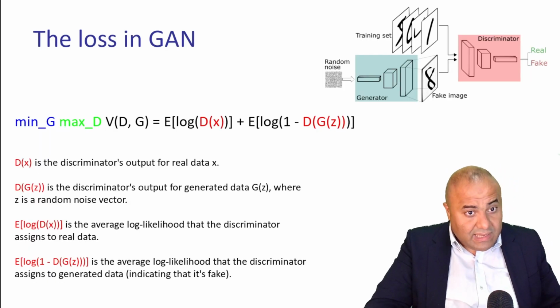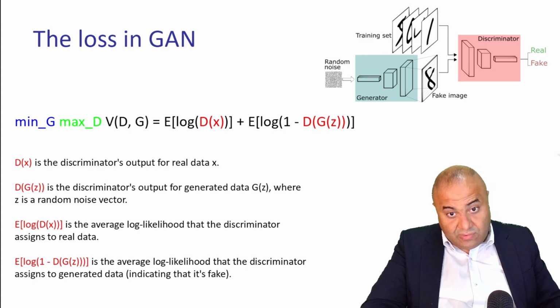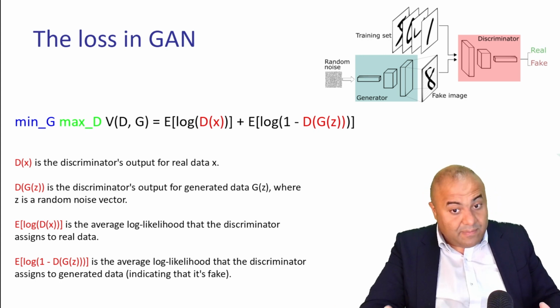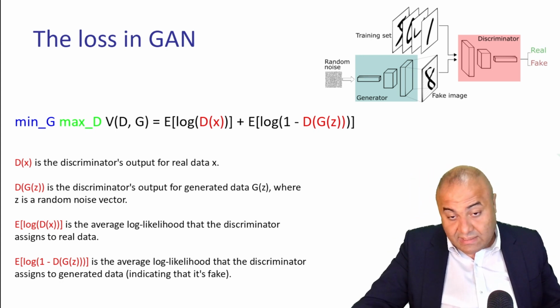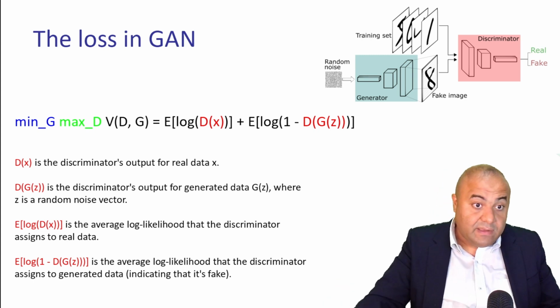So the loss in a GAN, or the equation stated in the paper in 2014, is basically a min-max loss function that we're trying to optimize.